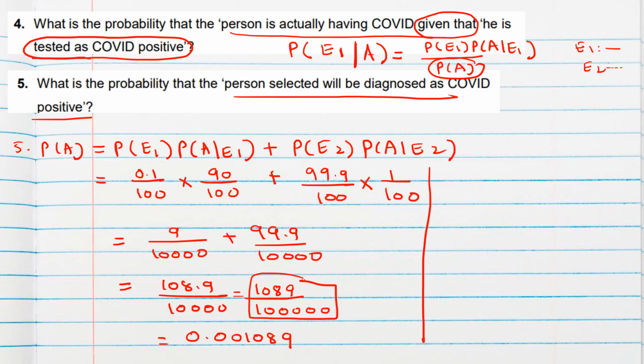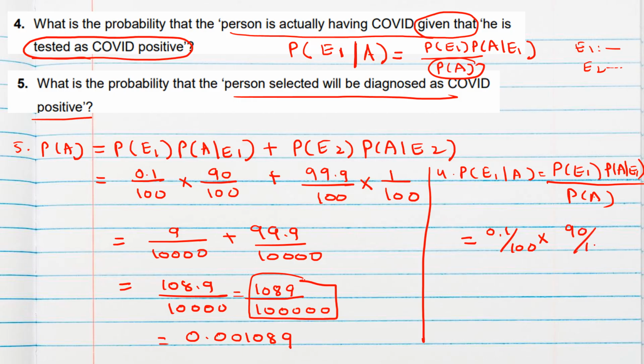Okay. So question number 4, already we got the formula as this, P of E1, P of A by E1 divided by P of A. So P of E1 is 0.1 by 100. A by E1 is 90 by 100. And P of A we got as 1089 by this. Now we'll observe the cancellation here.